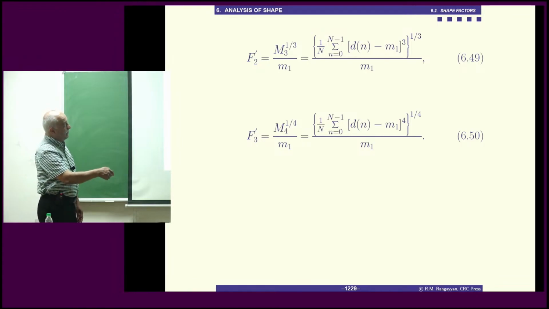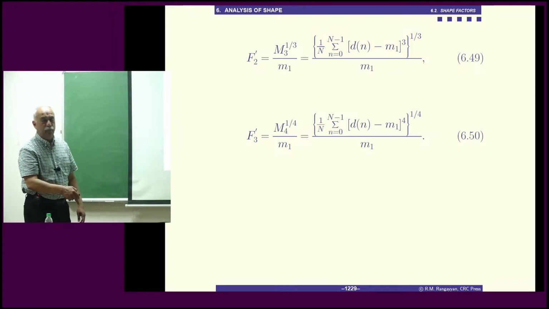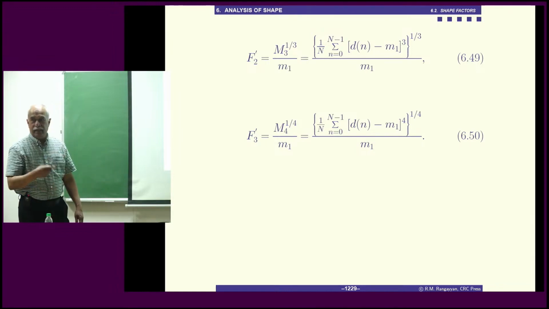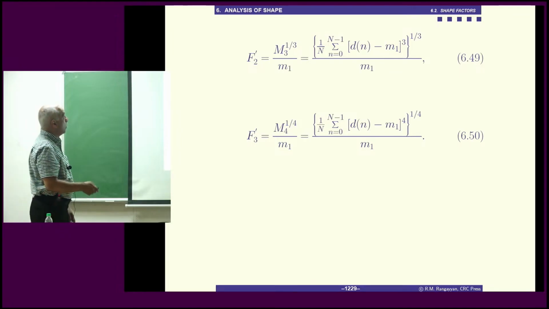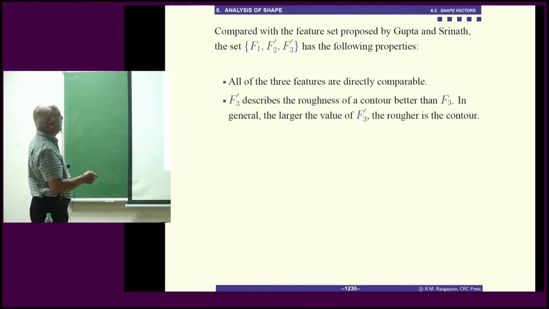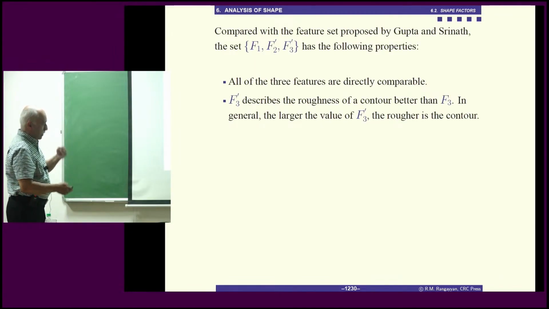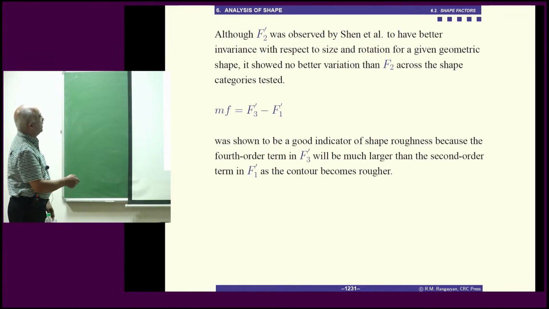Instead of taking variance here and raising it to half of the power of the numerator, we use the mean here and take the appropriate 1/pth root of that so that the dimensions agree. We found this to be better, and we took the difference between them. We call this MF, F3 minus F1 according to our definition.